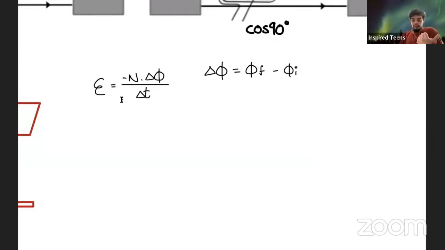So the final flux minus the initial flux. Okay, that's important for us to note.